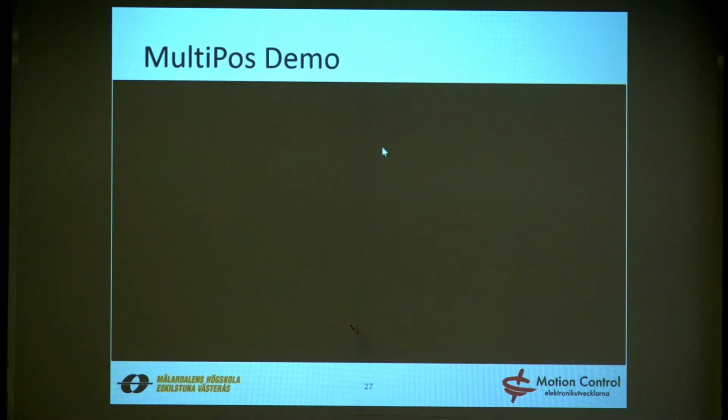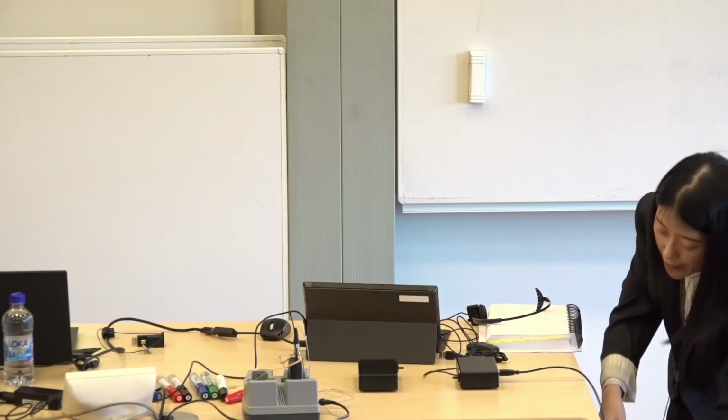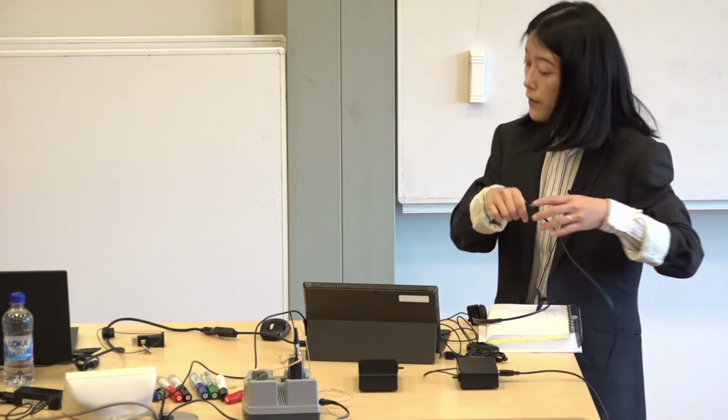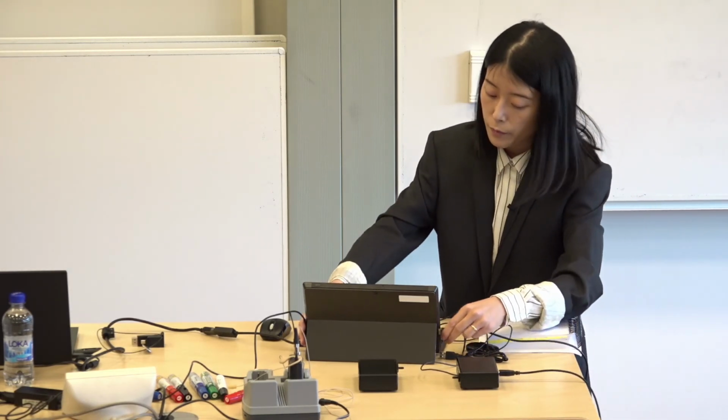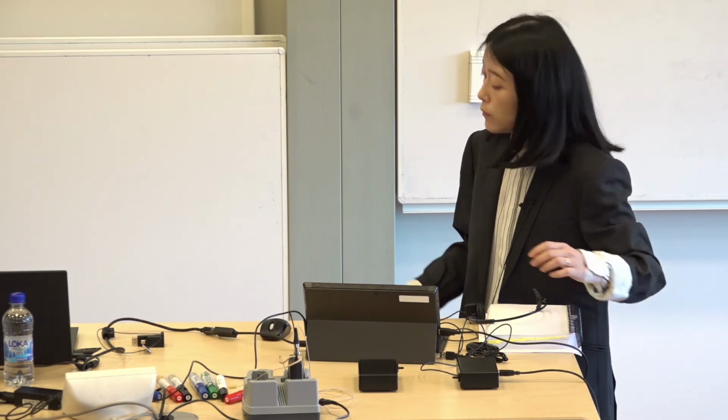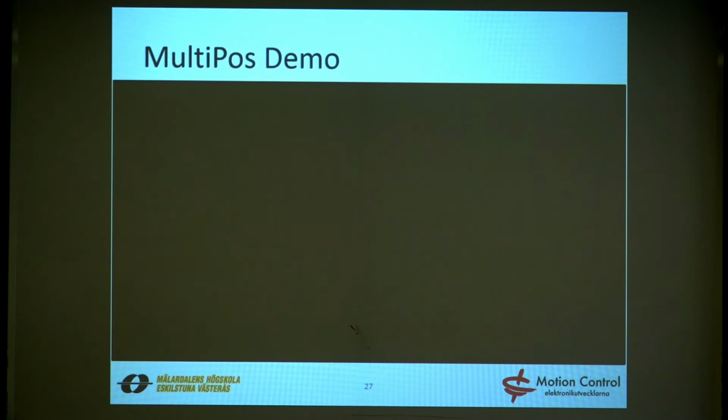We can see the cursor there, and when we connect it to the system without signal processing, we can see the drift. I didn't move the sensor part, so there's a drift. Maybe we can see once again.